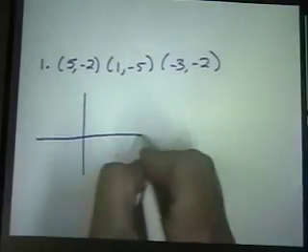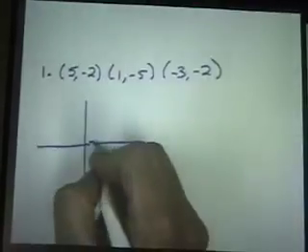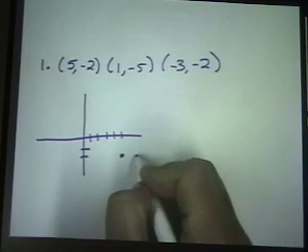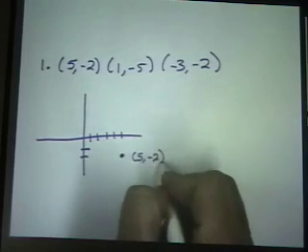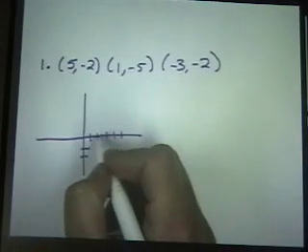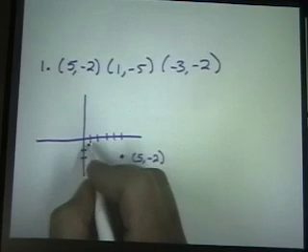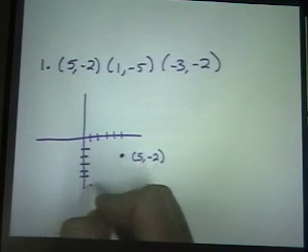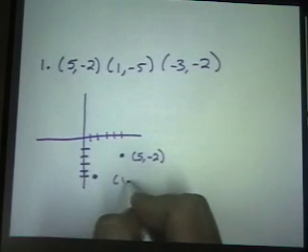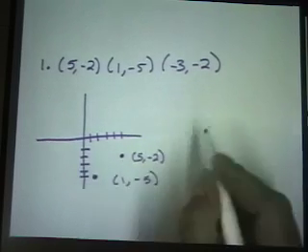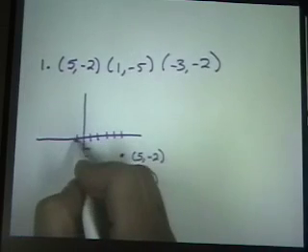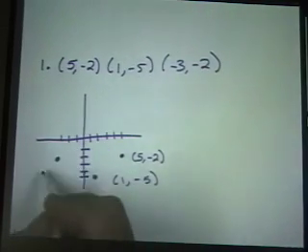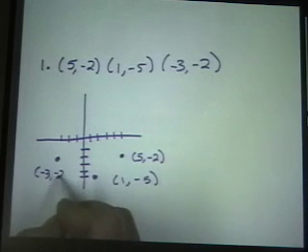So I'm going to make a rough graph. (5, negative 2) is right there. Remember, we always label all points. (1, negative 5): I go over 1, down 1, 2, 3, 4, 5. That point's right here. And my last point is at negative 3, over 1, 2, 3, down 2. That's at (negative 3, negative 2).